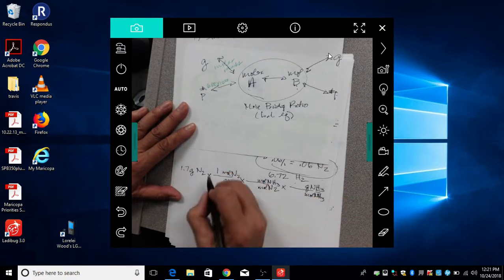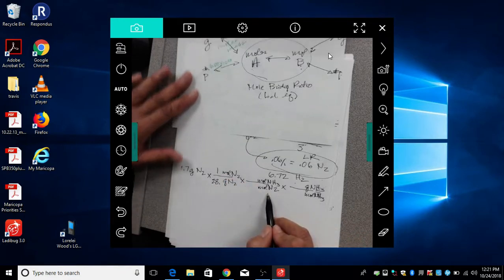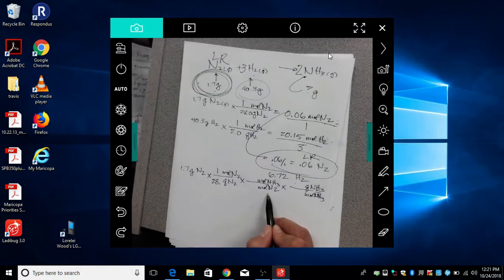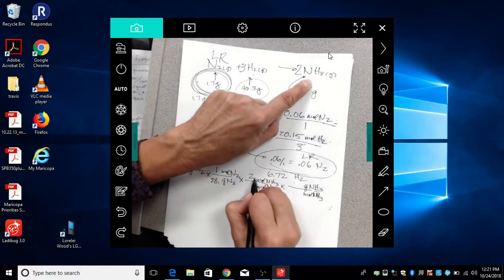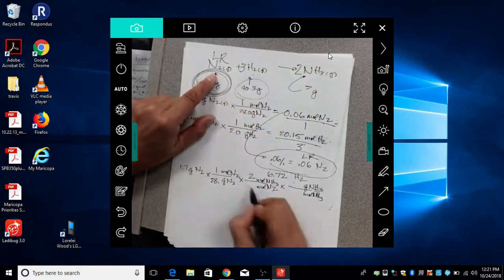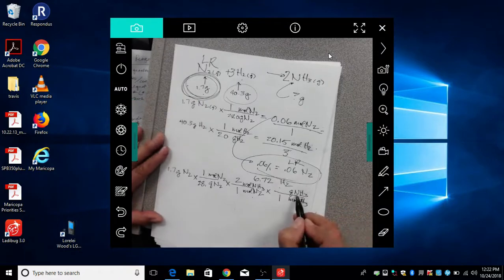Moles of N2, we know weighs, what did it say, 28 grams per mole. Where do I get the coefficients here? Balanced equation. So NH3's coefficient is 2. N2's coefficient is 1. And a mole of NH3, that's 17 grams per mole.